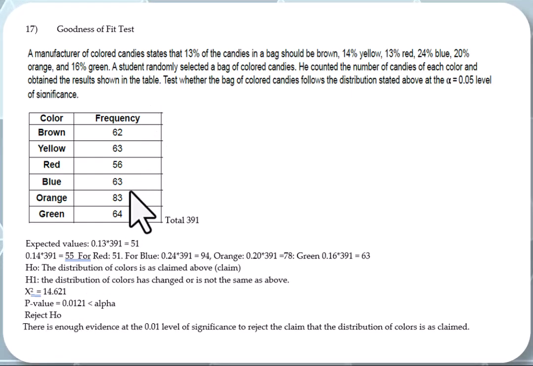And since the claim happened to be in the null hypothesis, we reject the claim because we're rejecting H0. So you say there is enough evidence at the 0.05 level of significance to reject the claim that the distribution of colors is as claimed above.